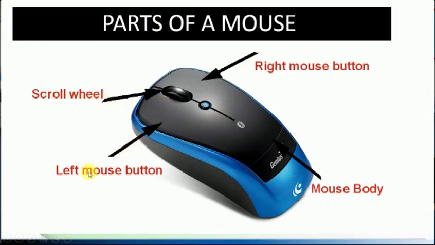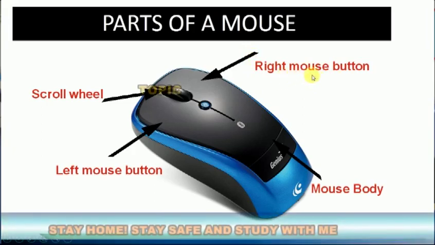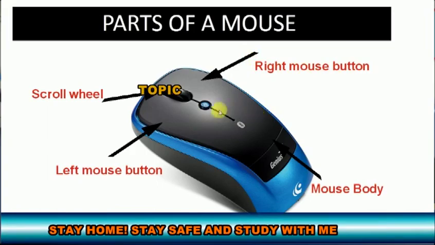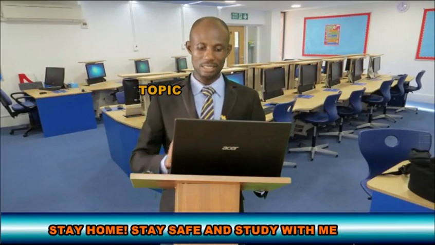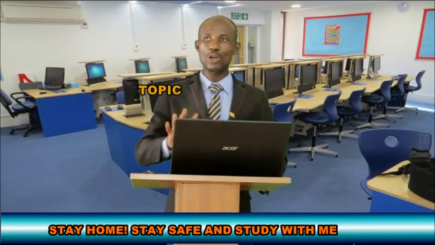At the left side of the scroll wheel is the left mouse button, which is also called the primary button. At the right side of the scroll wheel is the right mouse button, which we also call the secondary button. We also have the body, and it is the main section where we place our hand. So these are the various parts of a computer mouse.